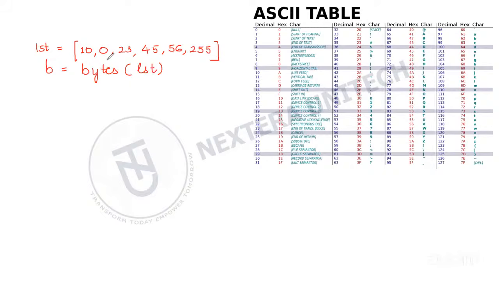So we are converting this list into bytes and assigning that bytes value to variable B. And when I try to print B, I'm getting output B, slash n, slash x00, slash x17, dash 8, slash xFF. So let's understand this in depth.